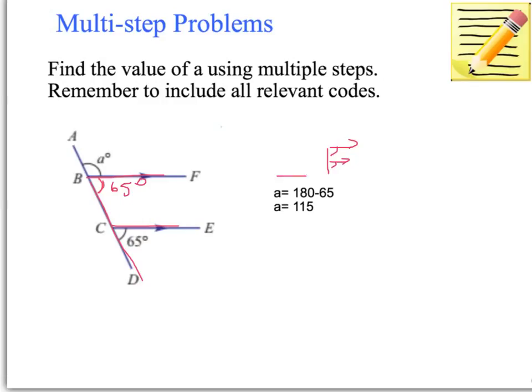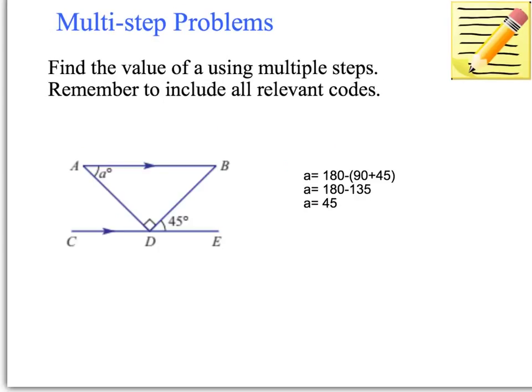So because it's supplementary and has to add to 180, and because this one's corresponding to that one, A equals 180 minus 65, which is 115 degrees. Hopefully you're getting to know what to do here and slowly understanding how I'm working these out, because you're going to have to do it yourself soon.